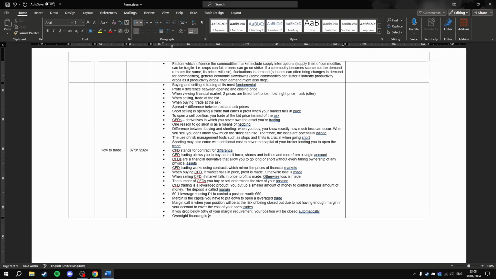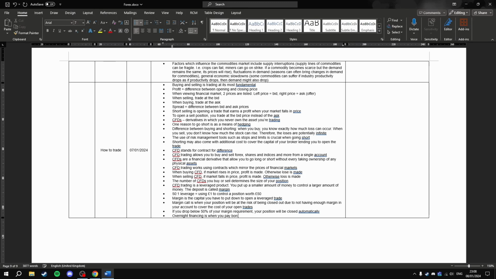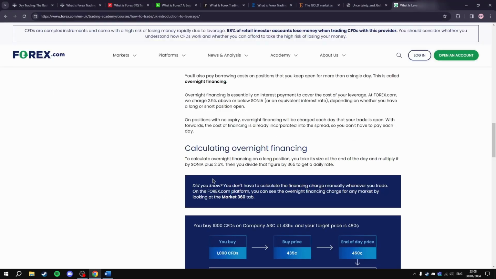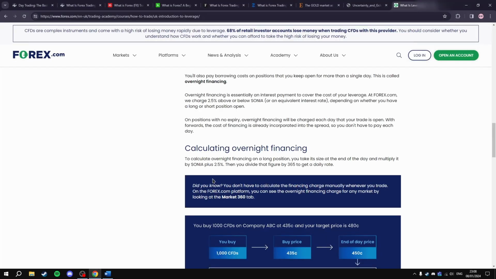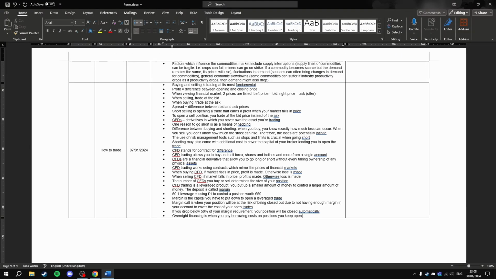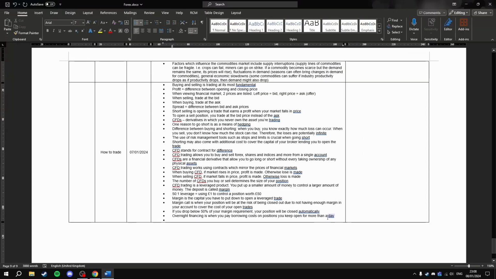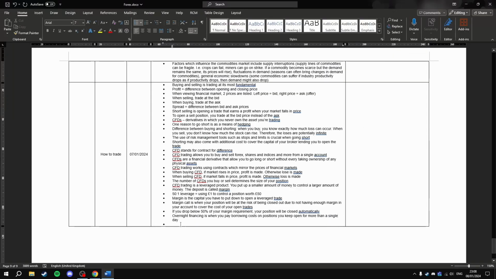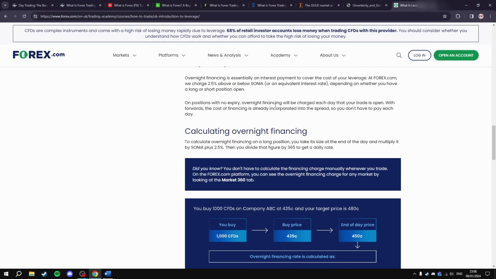Overnight financing is essentially an interest payment to cover the cost of your leverage.